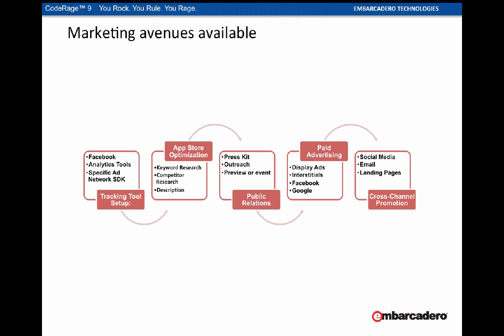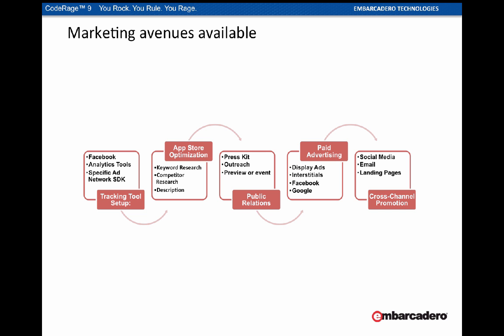Press kit, outreach, and preview. The press kit, obviously, in your organization, if you're having public relations, you can set up a press kit for your app launch. You can make it have an outreach strategy where you go and launch it at specific events.